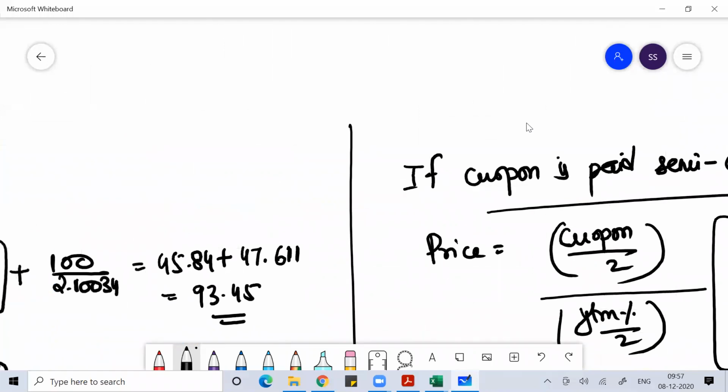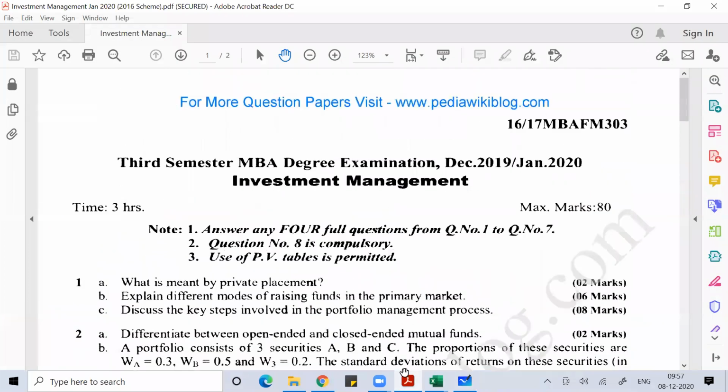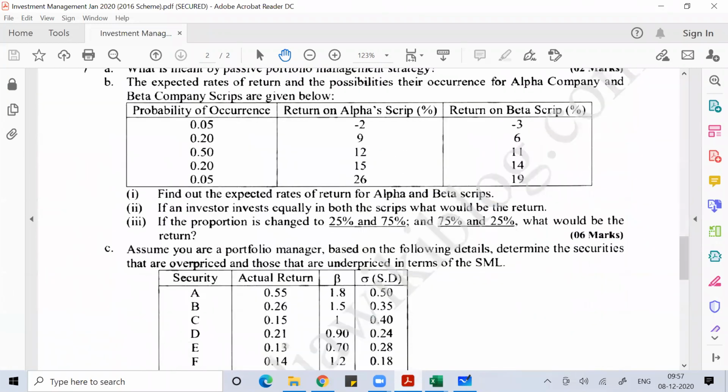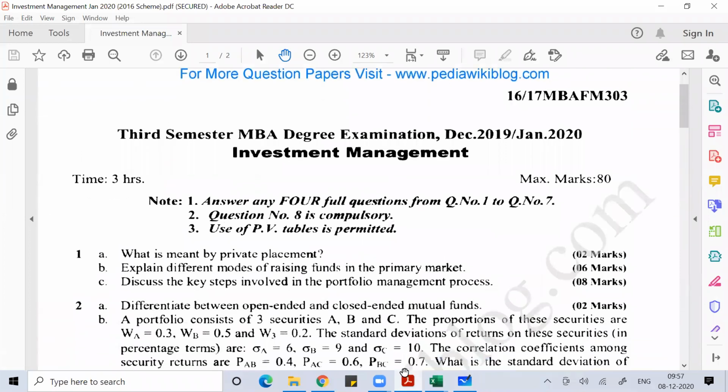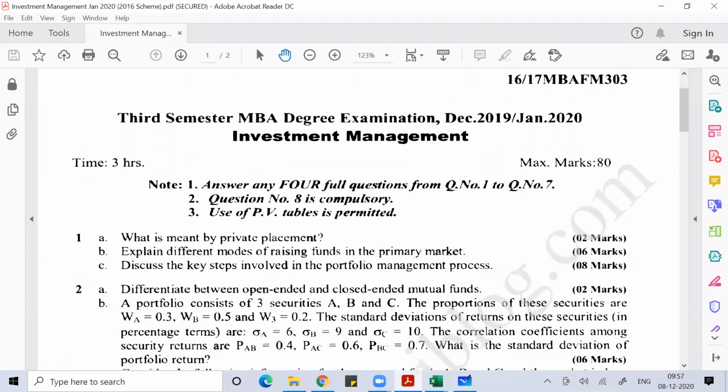But in the exam, the present value of annuity table is given to us. Use of the PV table is permitted, so you can use the present value annuity table. Why lose the chance? If we can do this question very easily, why make the situation complex? That is something we need to understand.